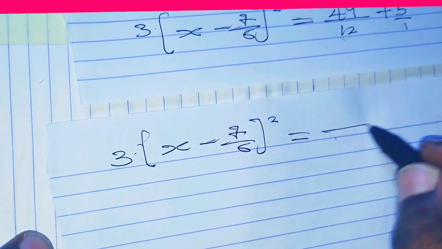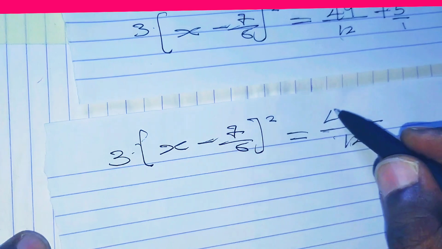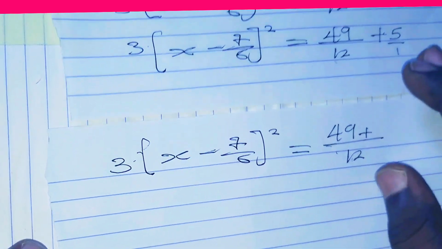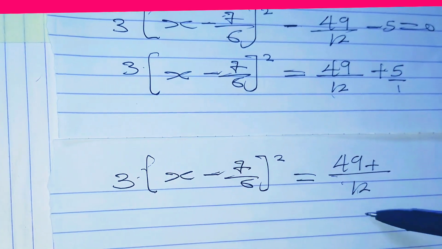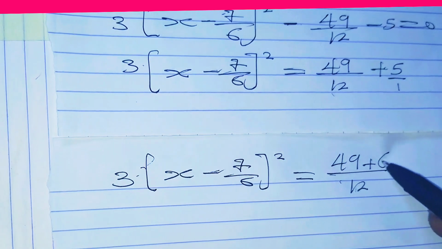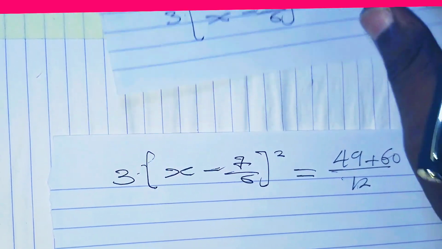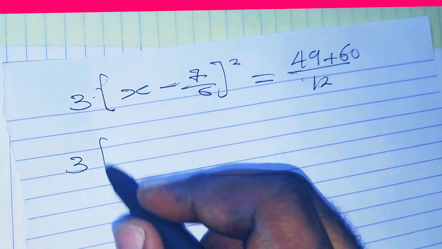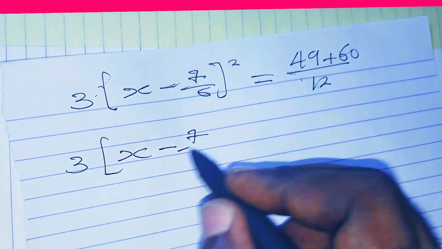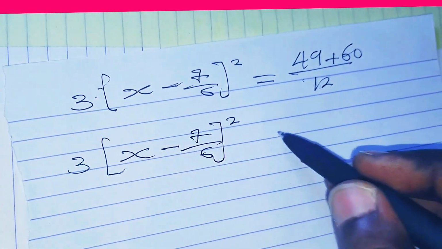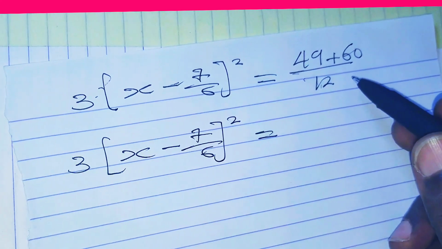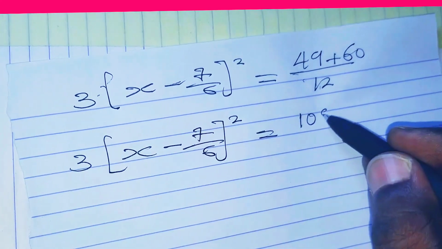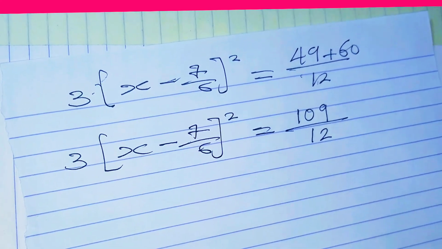So the LCM is 12, and then this is 49, and of course 1 into 12, 12 times 5, that's going to be 60. And then we write 3 in a bracket x minus 7 over 6 squared equal to 49 plus 60, that should be 109 over 12.